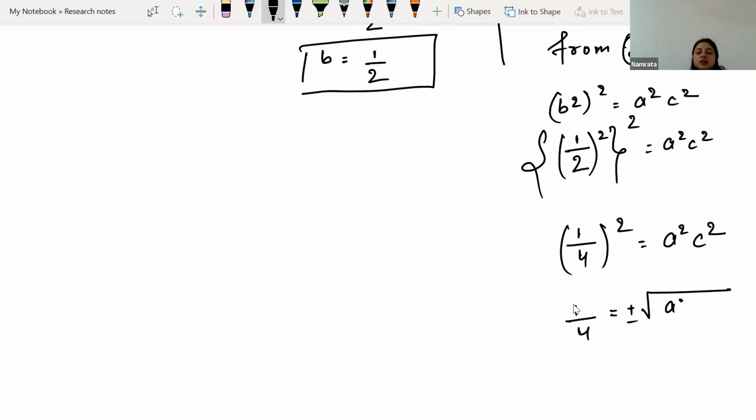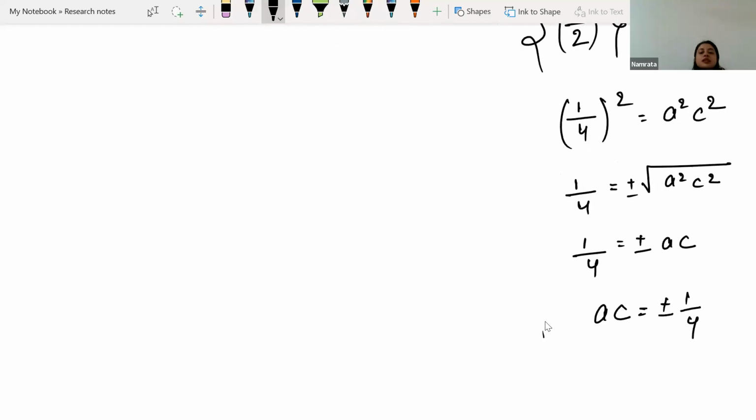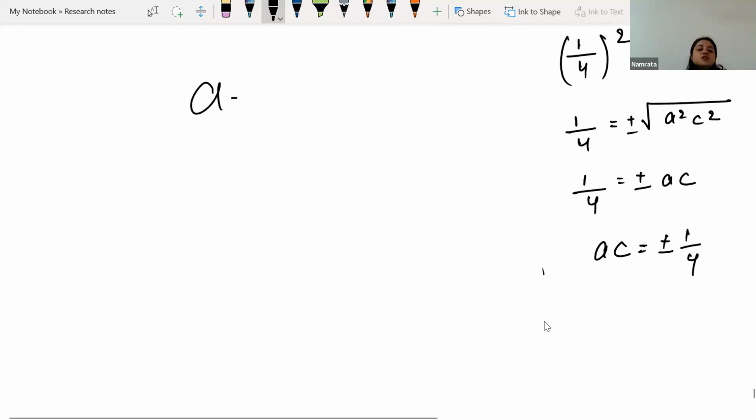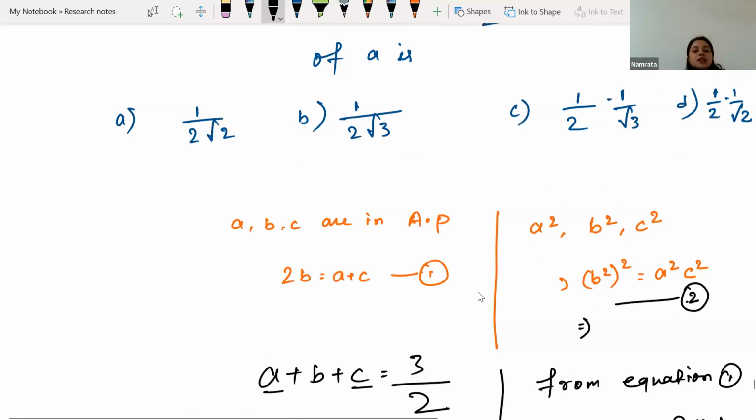Yes, ma'am. Plus minus 1 by 4, and we also have A plus C is equal to 1. So we do have A plus C is equal to 1, and we have AC is equal to plus minus 1 by 4.